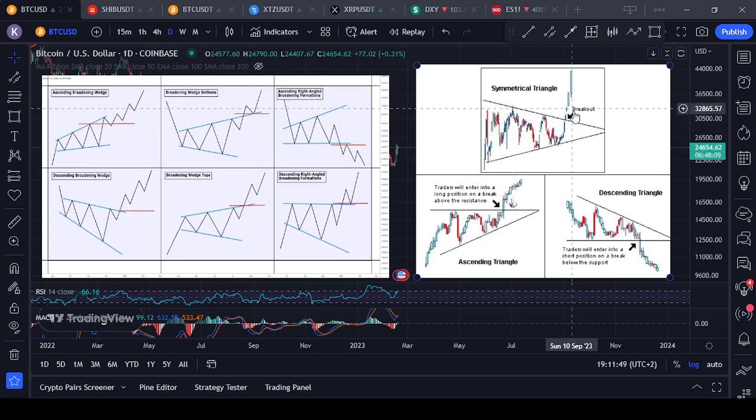Symmetrical triangles have a 50-50% chance, and it depends on whether the price is coming from the downside. If it's coming from the downside into a symmetrical triangle, the probability of it breaking to the upside is usually higher, because this would be an uptrend and a trend continuation.